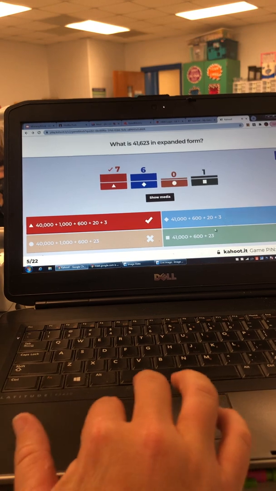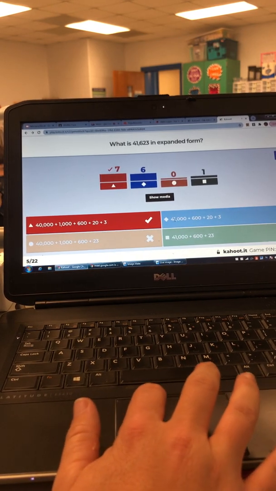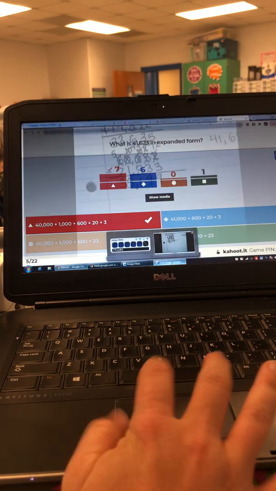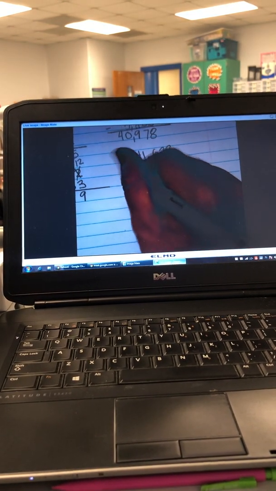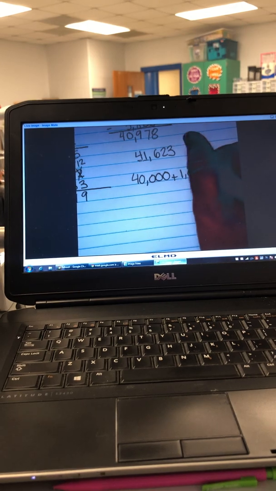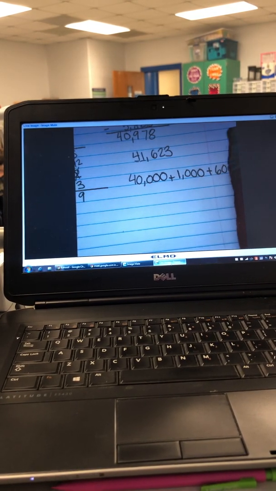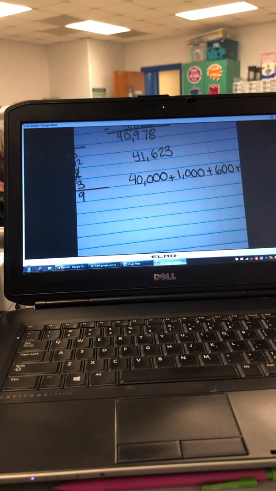Let's look at this problem. Expanded form. The only reason it is not B is because you cannot have 41,000. Remember, when we break it down, we're breaking it down by each one of its pieces right here. So you say 40, that's in the 10,000th place. So you do 40,000 plus 1,000, because you got to do each one of them individually, plus 600 plus 20 plus 3.